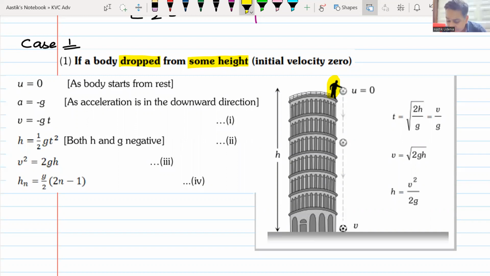Does it tell you anything? No one knows? The body is dropped from some height. What information does it give us?